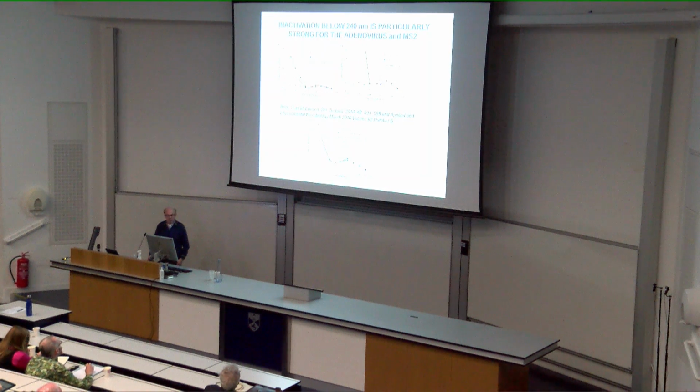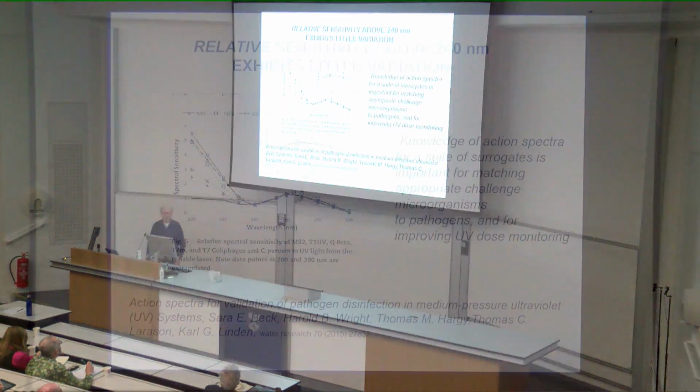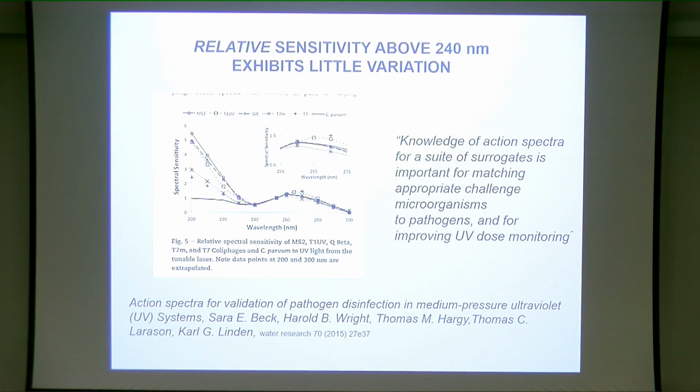Above 240 nanometers, as this slide shows, there's not too much variation because mainly the effectiveness comes from the DNA absorption. So for wavelengths between 240 and 300, for a variety of species that are in this curve, which is from Beck et al., you can see that there's not much change, but at the shorter wavelength, there is a big change.